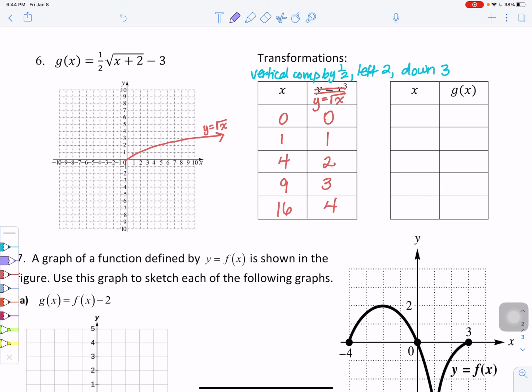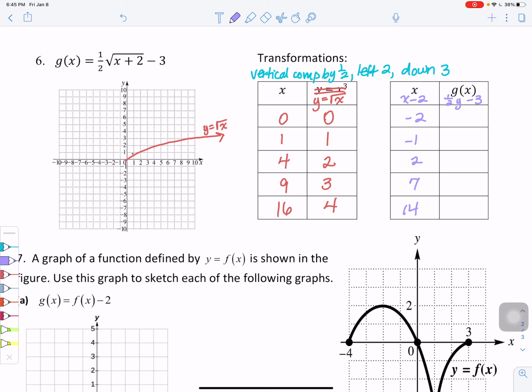Okay, now let's take a look at what happens. I'm going to do this one in purple. So how are our x values affected? So our x values are just taking 2 away. Now our vertical compression by 1/2 takes our y value and takes 1/2 of those y values and then subtracts 3 from them. So let's go ahead and subtract 2 from all of our x values.